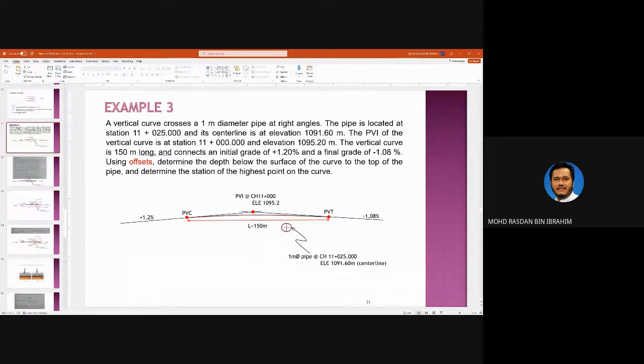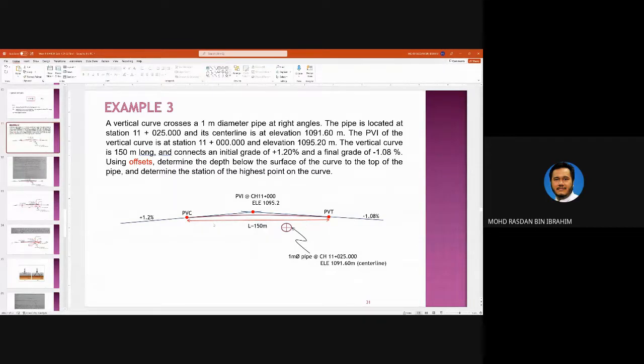The PVI of the vertical curve is at station 11,000. And the elevation of the PVI is 1095.2. This point here, which is in the air, is 1095.2. The vertical curve is 150 meters long. It's given here.